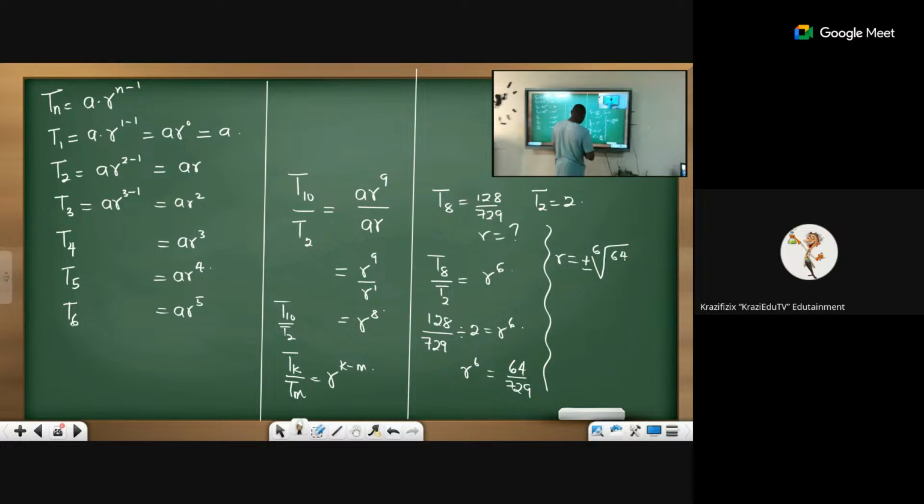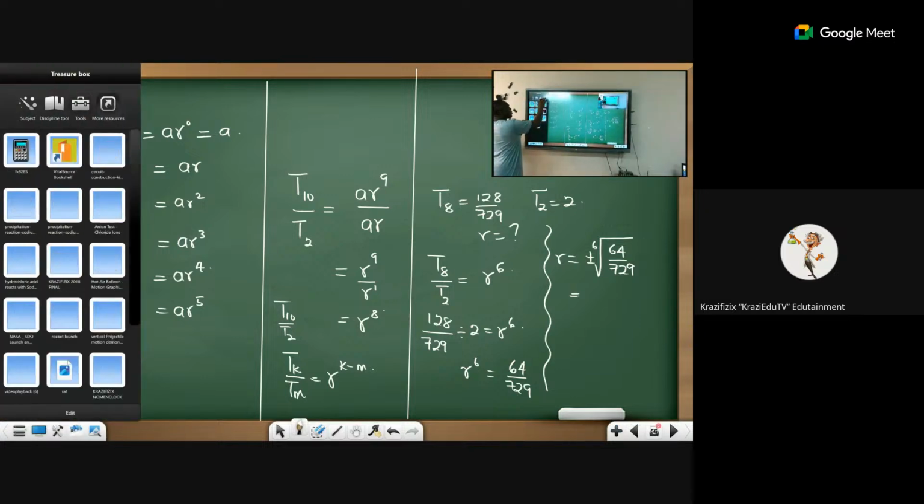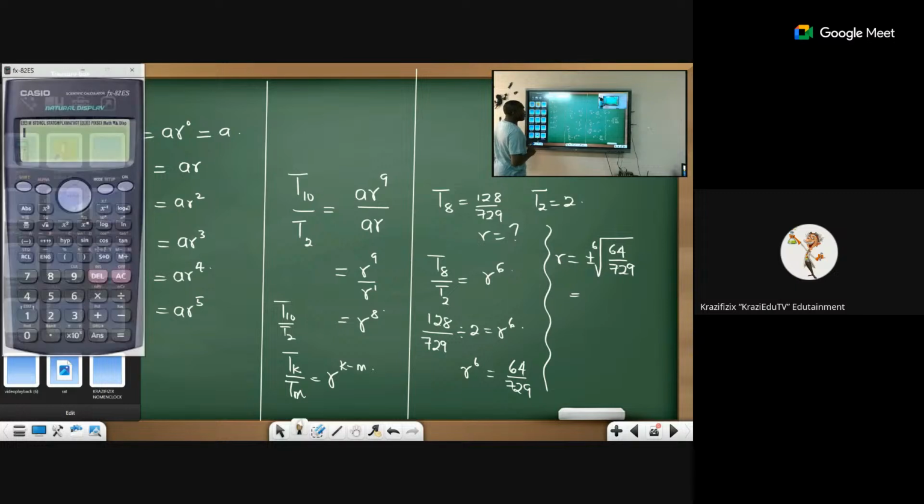The 6th root of 64 over 729. Please don't use logs here. Some of you are just going to be using logs anywhere you see something you don't know. No. Logs are only used when you are looking for a variable.